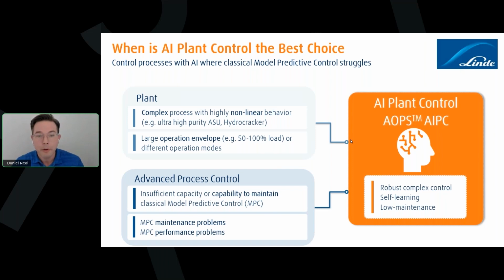And we also experience limited availability of APC or experienced practitioners for model predictive control to engineer new solutions, but also maintain the footprint of our existing solutions when plants change or different models are needed under different operating envelopes. That engineering expertise, we can't just send all of our limited resources everywhere to maintain these models. And AIPC solves those problems for us.